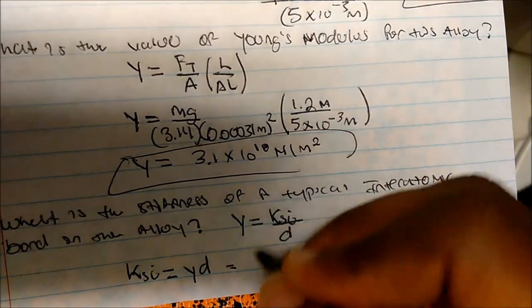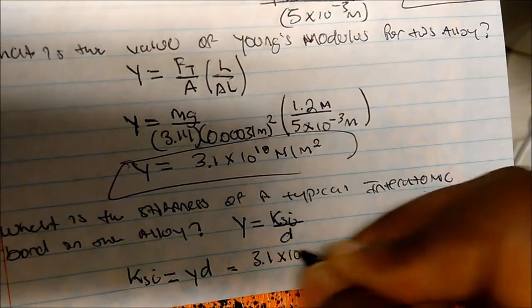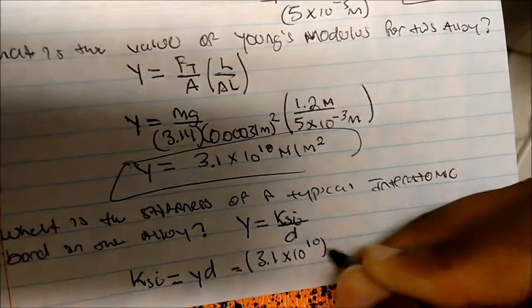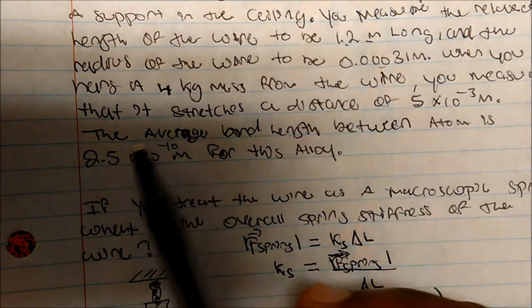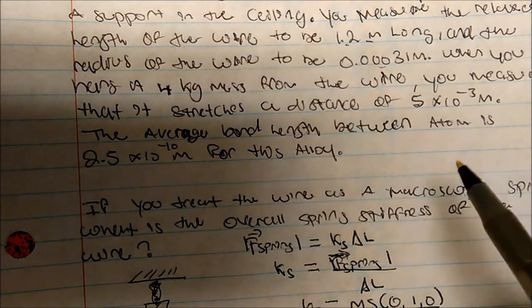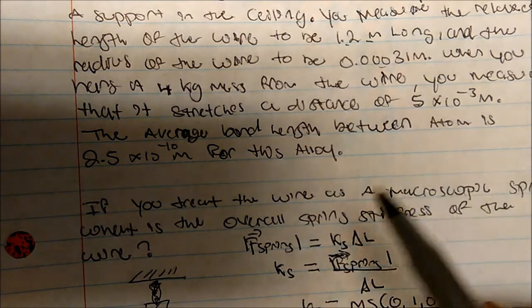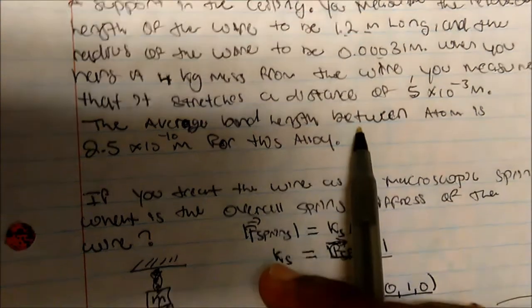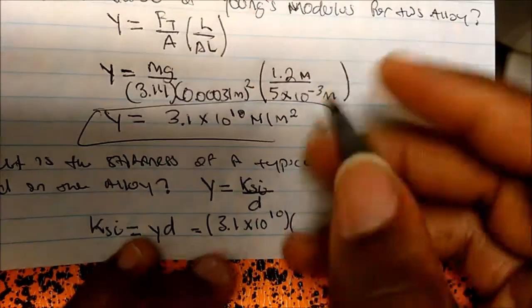In this case, all I do is multiply my Young's modulus times d, the average bond length between atoms, which is 2.5 times 10 to the negative 10 meters. So that's my distance.